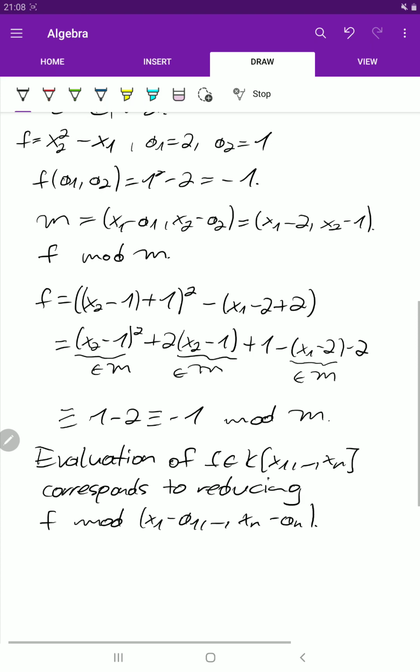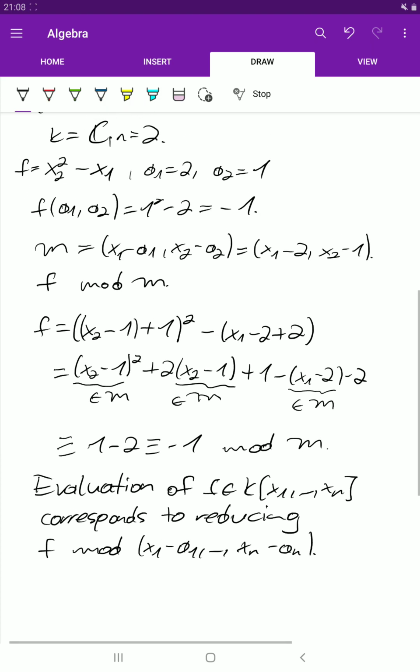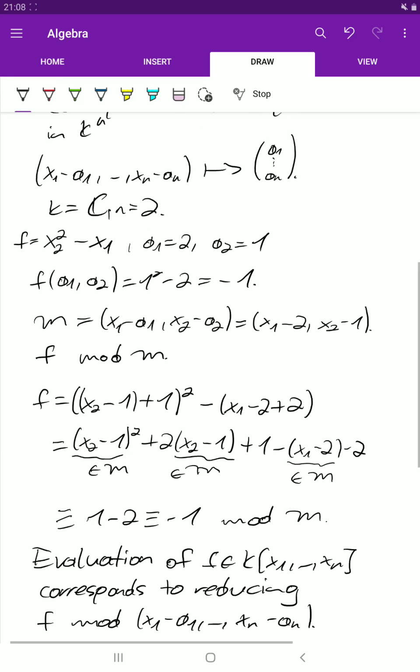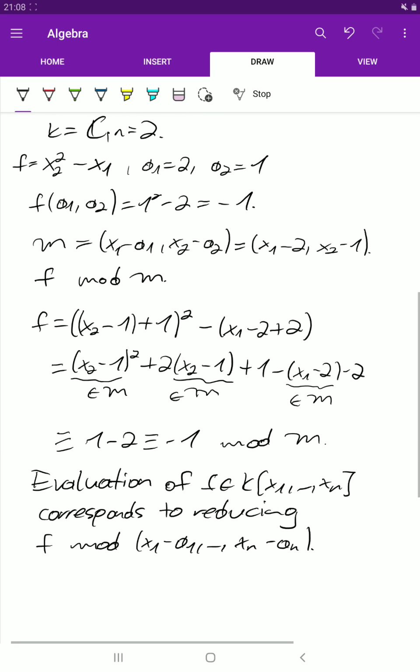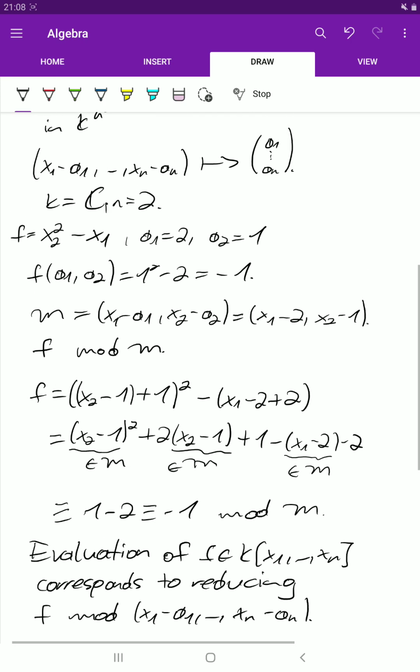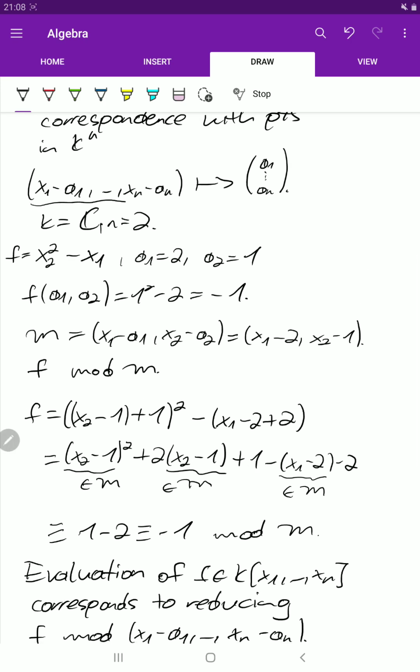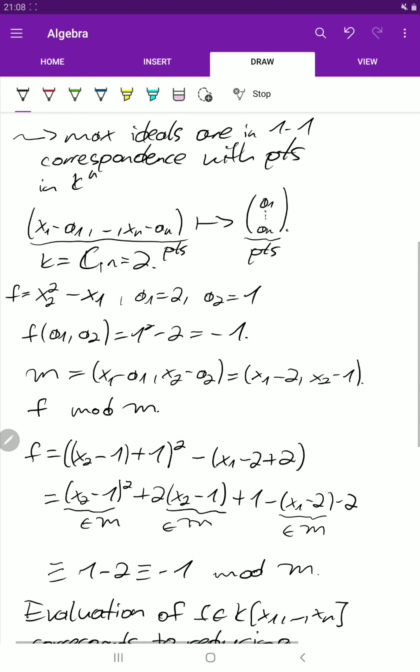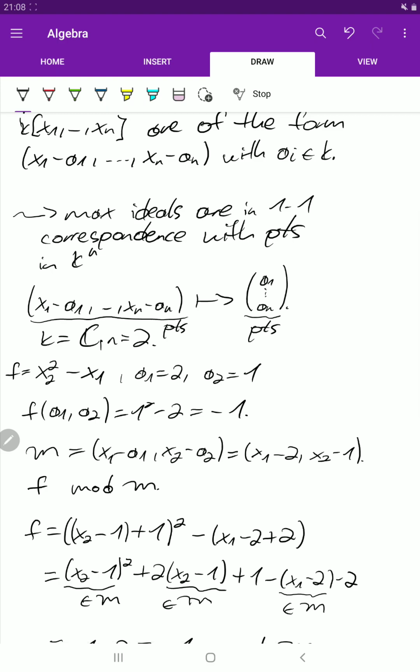Okay, so now we have points and we have functions. So to say it more clearly, we can see the maximal ideals, so these correspond to these points, and the functions are elements in the ring.